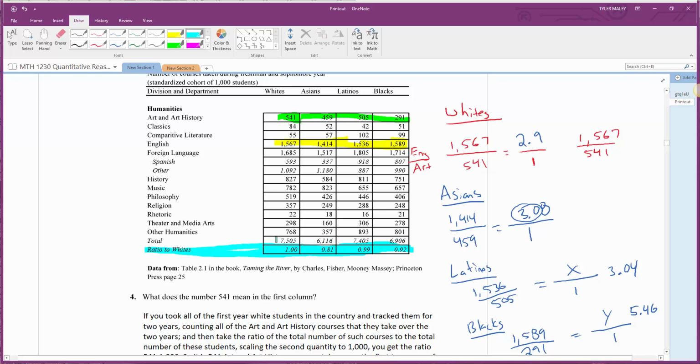So this is the total, right? I haven't used this magenta color yet. So this column is the totals, and this is the ratio to whites. If you think about this a little bit, maybe do a little math, what you'll notice is that this is just a ratio where we're taking the total number of classes that the Asians have taken, for example, and comparing it to the total number of whites, and that's how we get this 0.81.